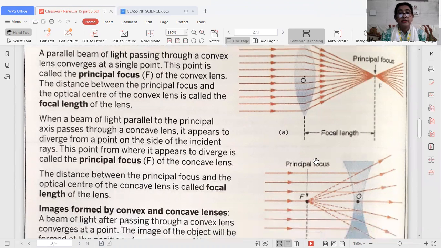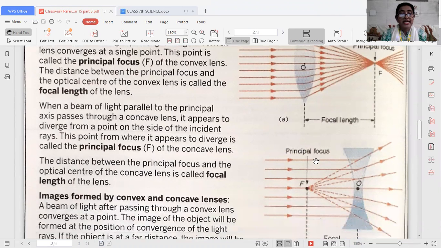Now, in a concave lens, as you see, when the beam of light passes, the rays do not meet at a point. They always seem to meet at a point, and this point where the light appears to diverge is called the principal focus of the concave lens.